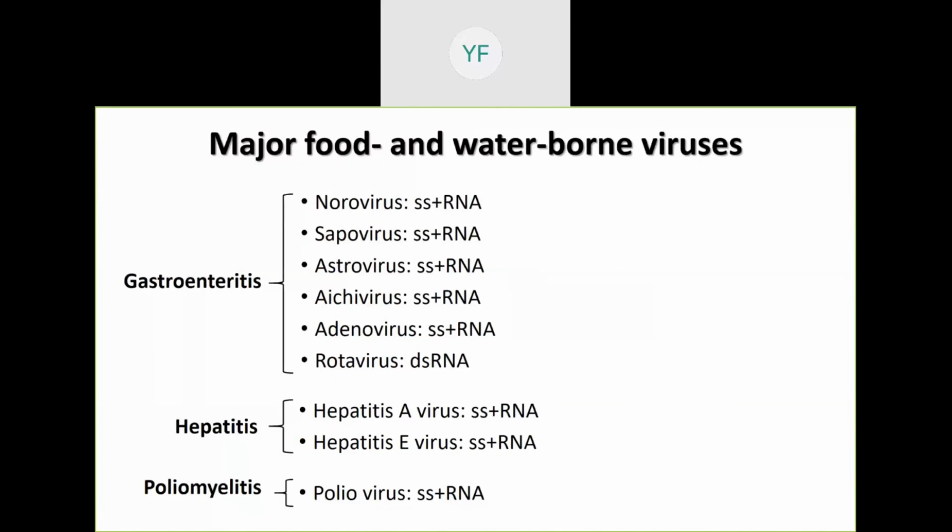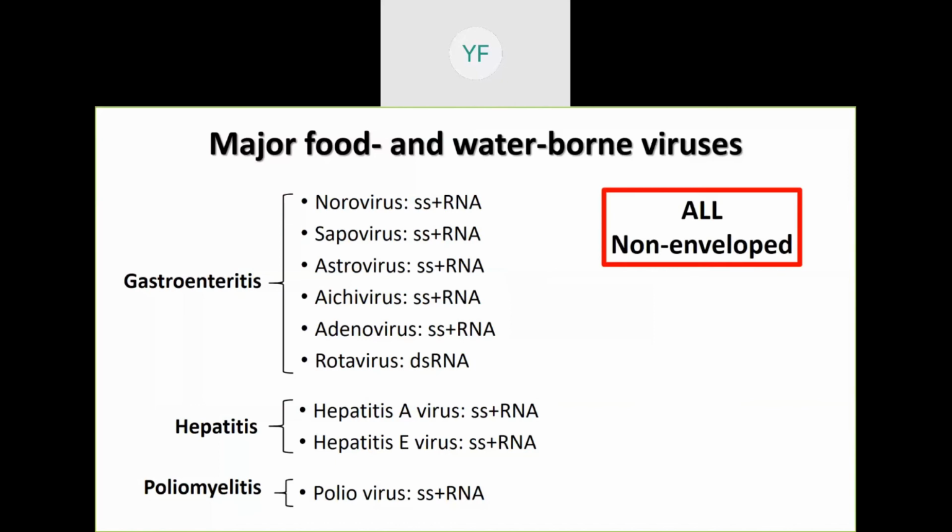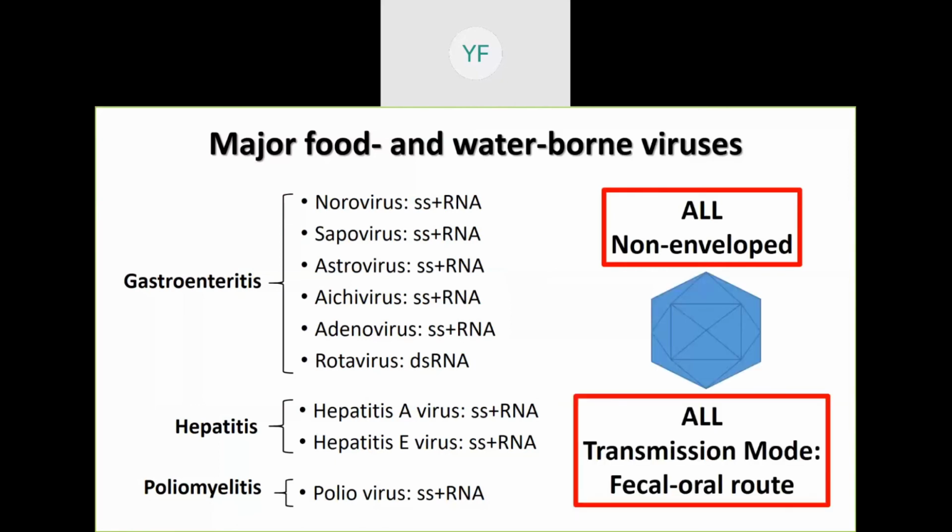Listed here are the major food and waterborne viruses grouped by the type of disease they cause in humans. So all of the viruses listed here are non-enveloped and are transmitted by the fecal oral route. This means you have to ingest these viruses to get sick, and the primary site of replication for all of these viruses is the digestive tract.